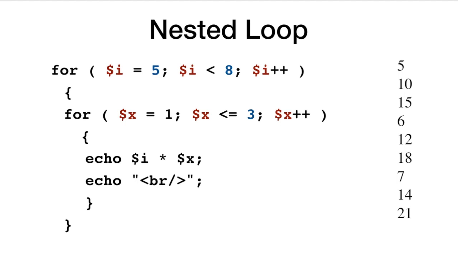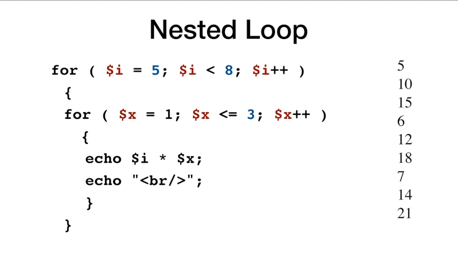The inner loop finishes its journey, and so the outer loop gets to go around one more time, this time with I set to 7. We start off the inner loop again, where X is set to 1, so we have 7 times 1 for 7. The inner loop goes around again, this time with X being 2, so we have 7 times 2 for 14.